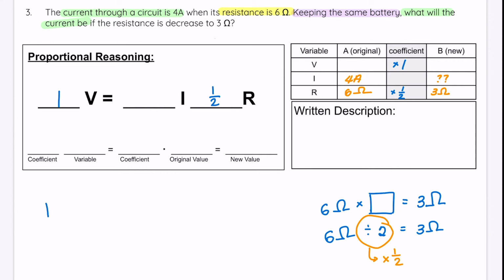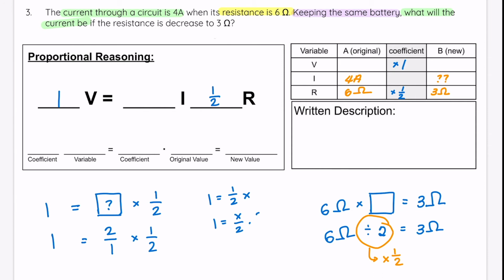Now we're going to try and figure out what the current coefficient is. So we have 1 is equal to something times 1/2. What is that something going to be? Well, I know that if I multiply by the reciprocal, I'm always going to get 1. So it must be 2 over 1, which means that 1 is equal to 1/2 times 2.